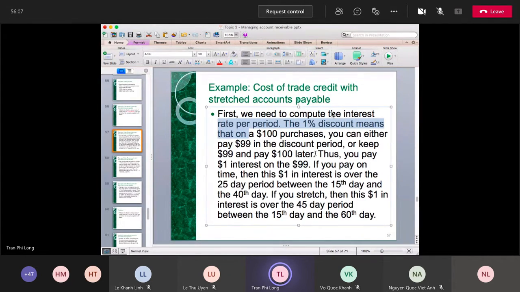This one you understand. You pay interest on the 99 USD. If you pay on time, then the 1 USD saving is over a 25-day period.